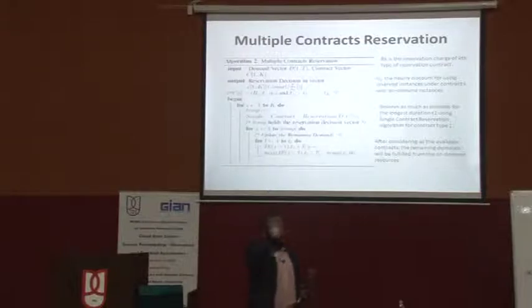If you have 7, you call single on all 7. Single will say, I have solved 4 of them, but 3 I can't solve. That is this part: after considering all the available contracts, the remaining demands will be fulfilled from the on-demand resources.